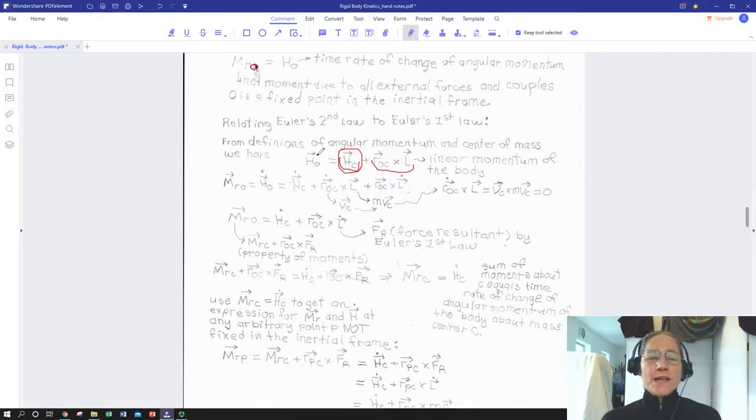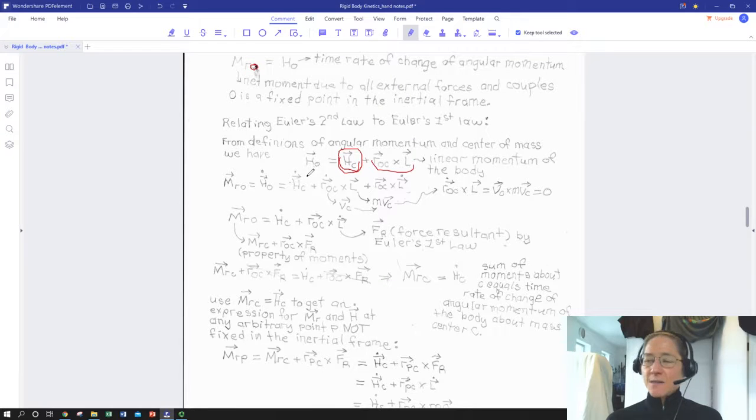So if we want to relate this to applied total moment, the resultant moment, all we have to do is take the first time derivative according to Euler's second law. So the sum of the moments on that rigid body about some point O is the first time derivative of this angular momentum of the body around point O.